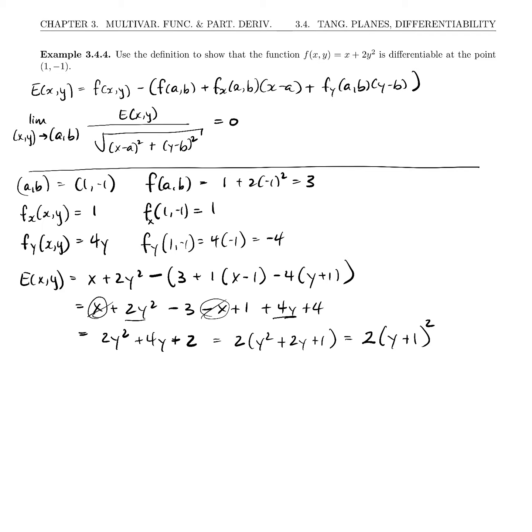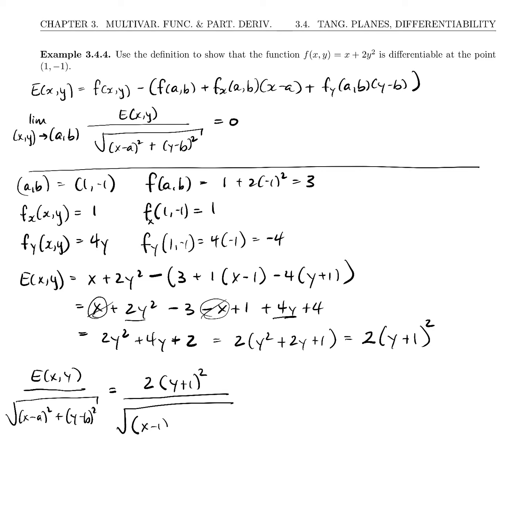Now we need to examine this limit. So the term of that limit, e of x y over the square root of x minus a squared plus y minus b squared, is going to be 2 times (y plus 1) squared over the square root of (x minus 1) squared plus (y plus 1) squared.